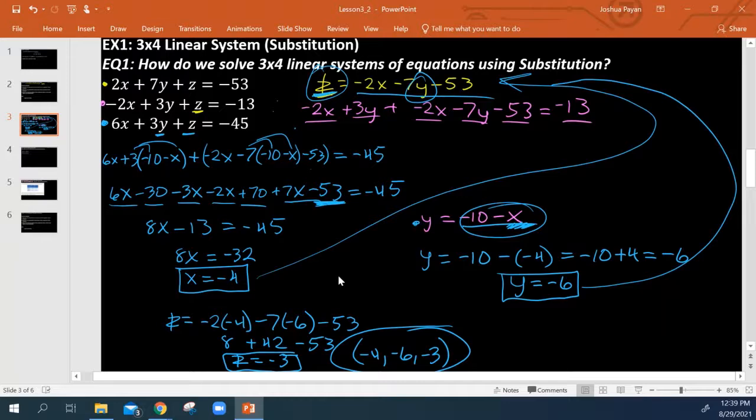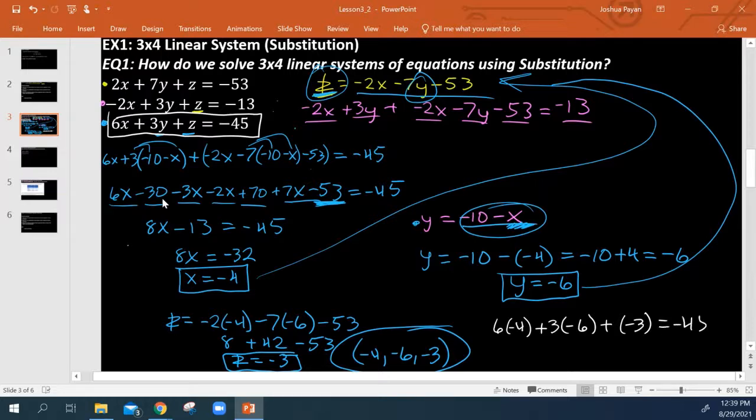And then, of course, just like anything else, I can check my work. So I'm going to take this equation. It looks slightly less ugly than the others. So 6 times x plus 3 times y plus z, lost my spot, z is negative 3, equals negative 45.